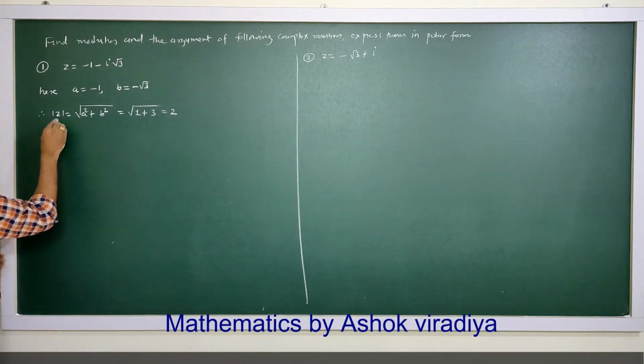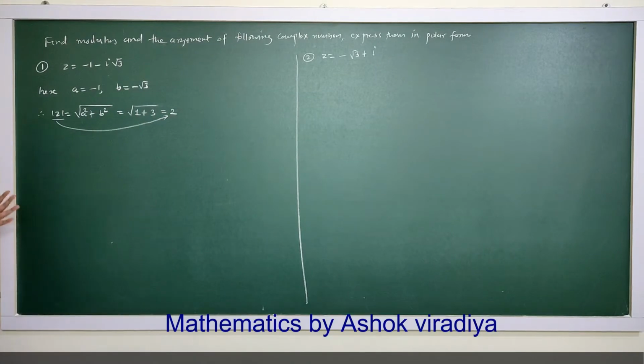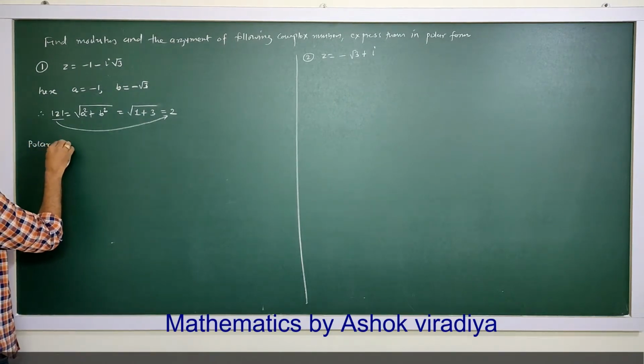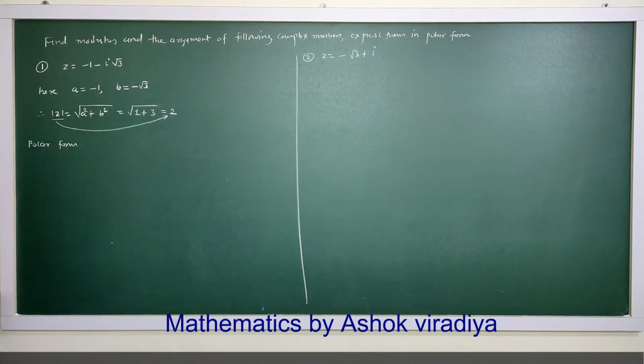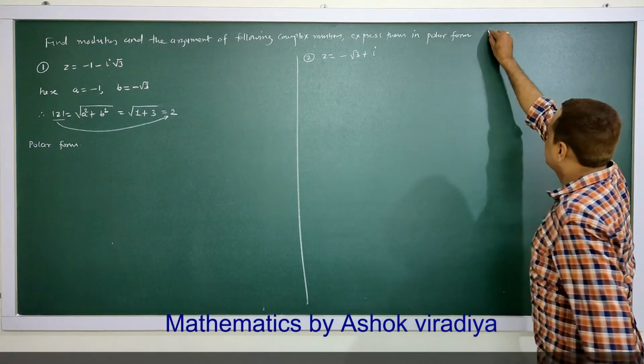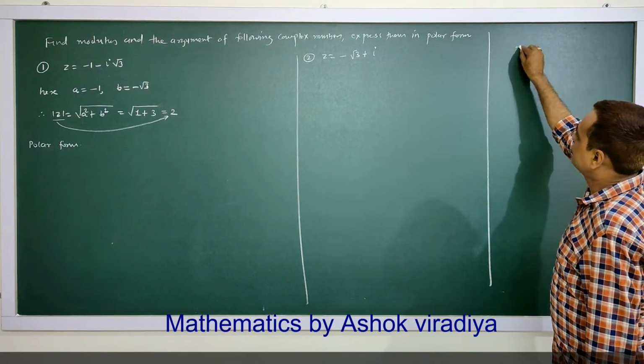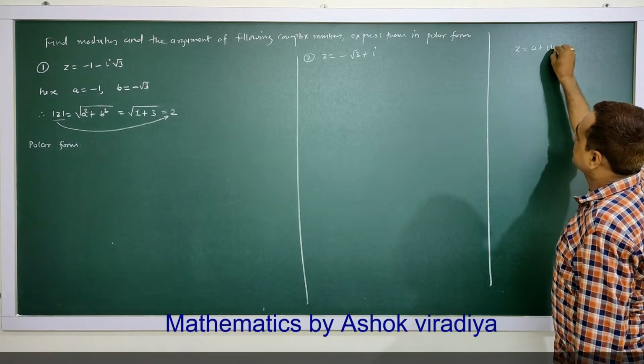So that means this is modulus of Z. Now we want the polar form. To find the polar form, we want to find its argument. Just discuss the theory part: Z equal to A plus IB.